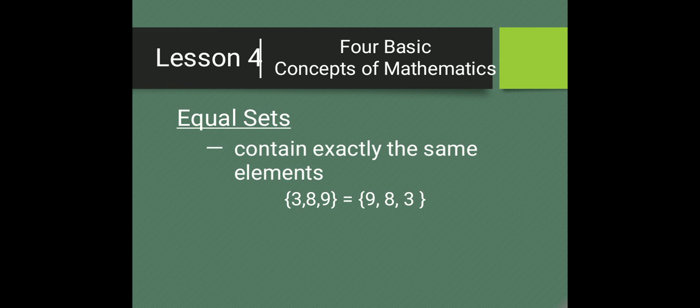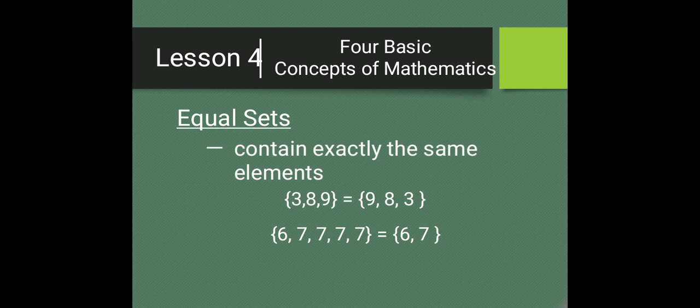So, set A and set B are equal sets because of the condition that they have exactly the same elements. Okay? Another example. Set A is a set of 6, 7, 7, 7, 7. And set B is a set of 6 and 7. Okay, are they equal, sir?